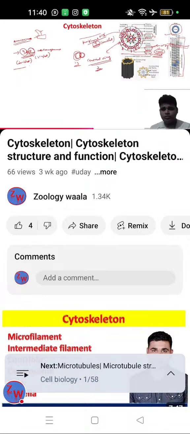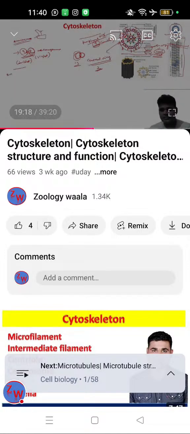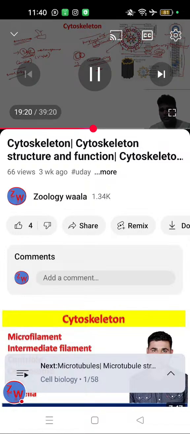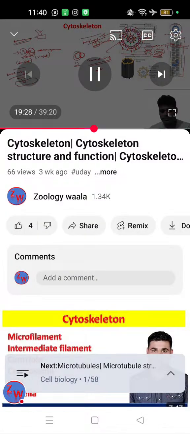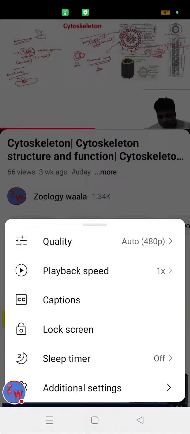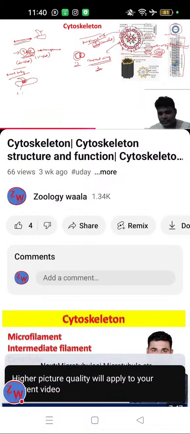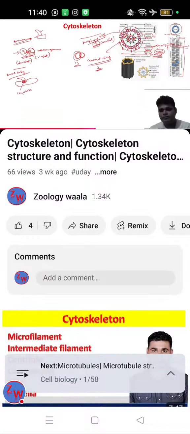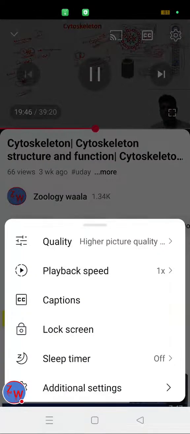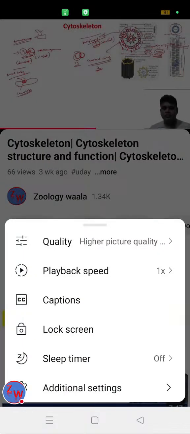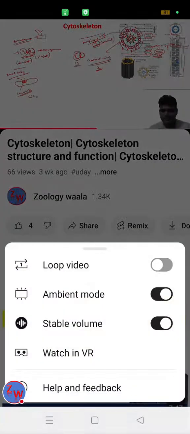So now come to another structure, called the basal body. For example, this is the paramecium, this is the cilia structure, and inside the body, in the cytoplasm, the centrioles are present. In the basal body, the centrioles form the cilia and the flagella, and the process is called ciliogenesis.